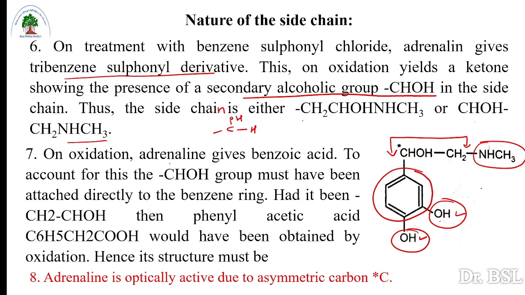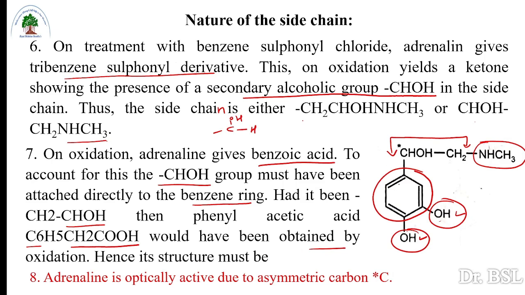On oxidation, adrenaline gives benzoic acid. To account for this, the CHOH group must be attached directly to the benzene ring. Had it been CH2 CHOH, then phenylacetic acid, C6H5 CH2COOH, would have been obtained on oxidation.